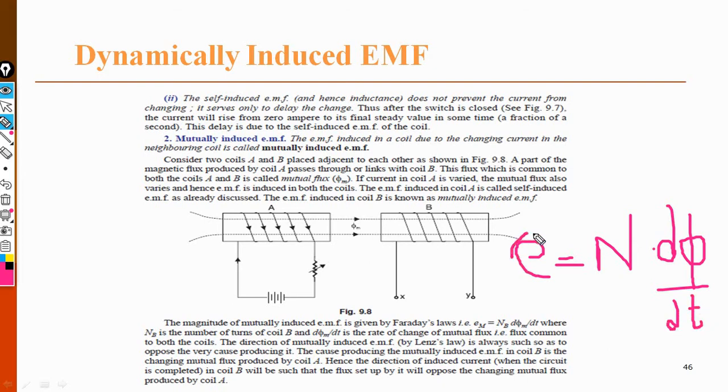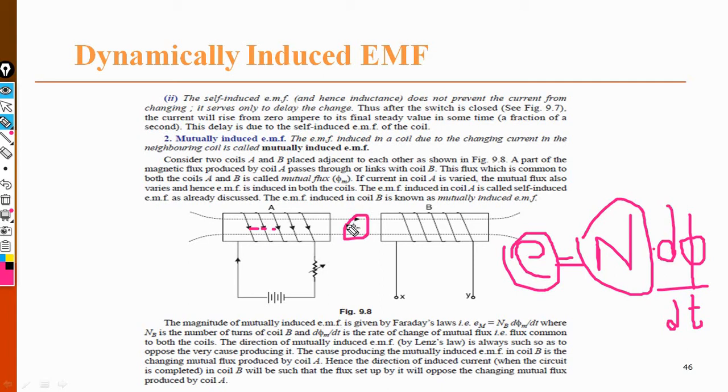That is, E is the induced voltage, N means the number of turns, then the flux phi. That means the overall operation of mutual induced EMF depends on Faraday's law of electromagnetic induction.